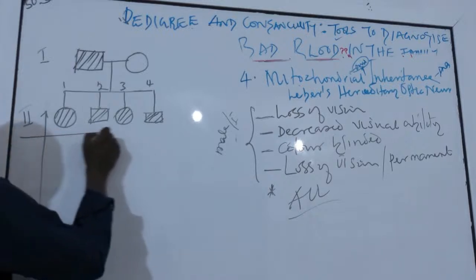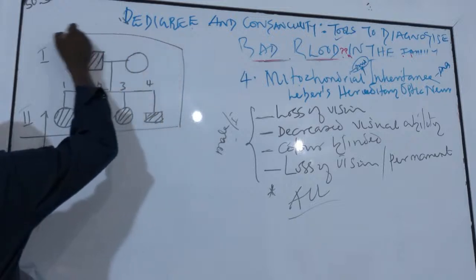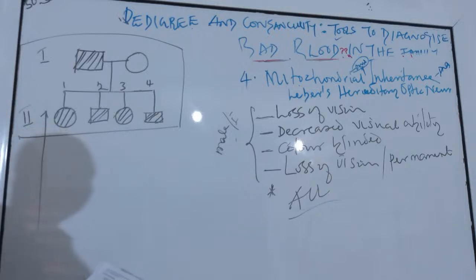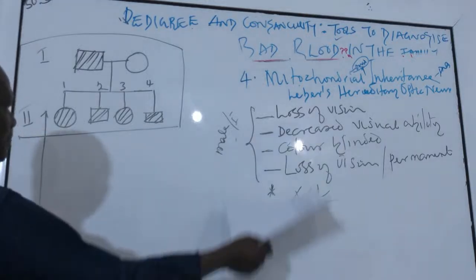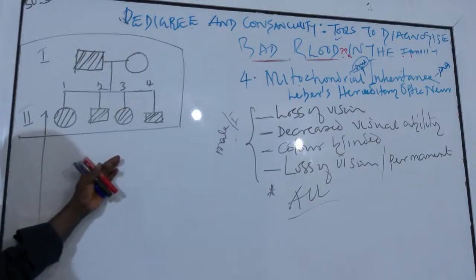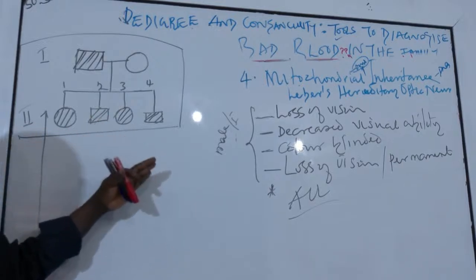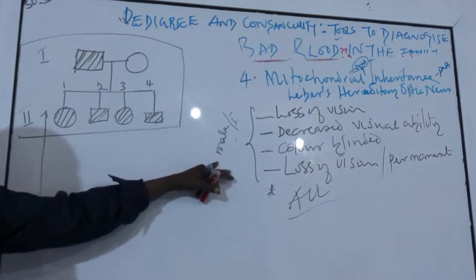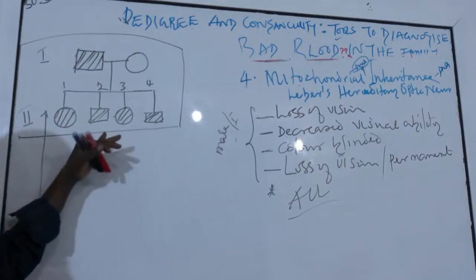So anytime you see that all children are affected by certain manifestations or impairments to do with loss of vision, decreased visual ability, color blindness, or permanent loss of vision, you should know that it is very easy to diagnose, irrespective of whether it is the male or the female that is affected.